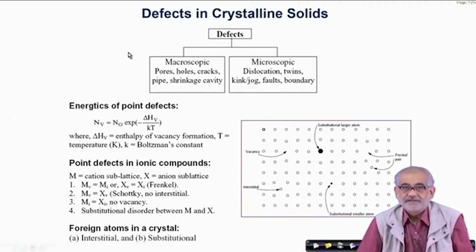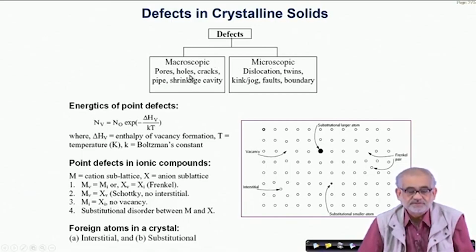The point I'm trying to make is that presence of defects is unavoidable in all kinds of crystalline solids. And these defects could be of mainly two types. Like you are seeing here, the macroscopic defects. As the name suggests, we are talking about defects which could be seen by the naked eye or at low magnification.